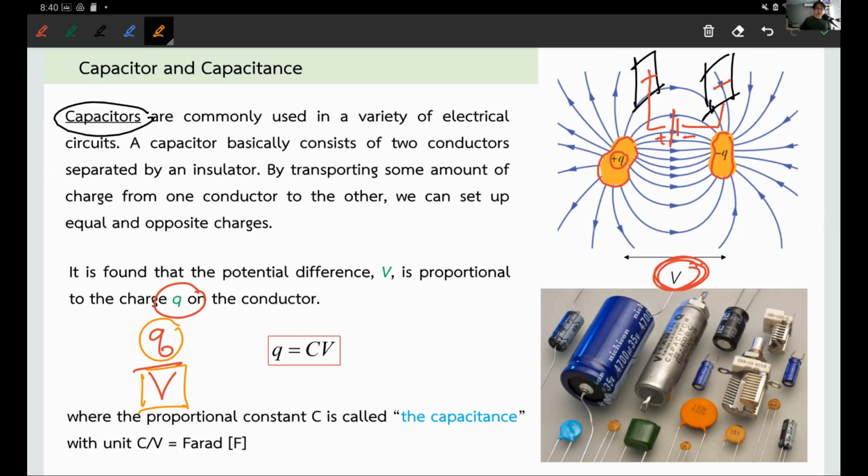Yeah, it seems like it has a bigger room for the charge to be stored on it. All right, so that's why you care about this ratio, the amount of charge that you can put on the device per voltage difference across the plates. We define this as the capacitance C. That's it. I hope you see the logic here.